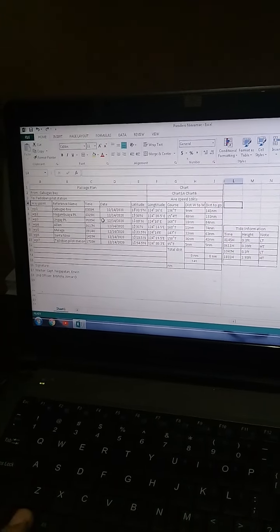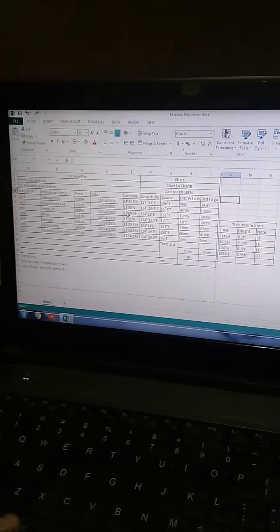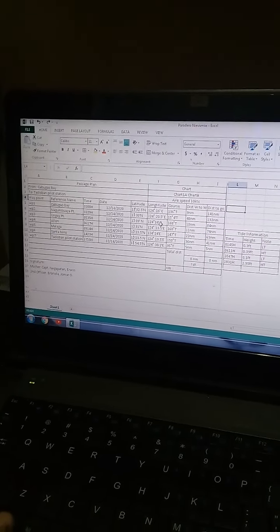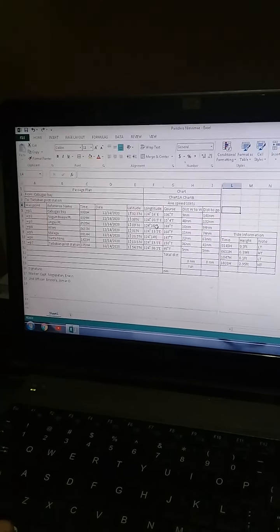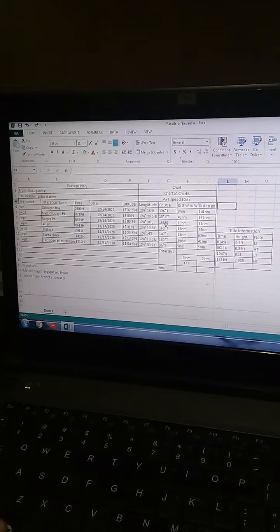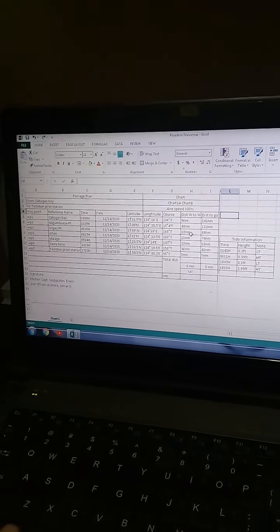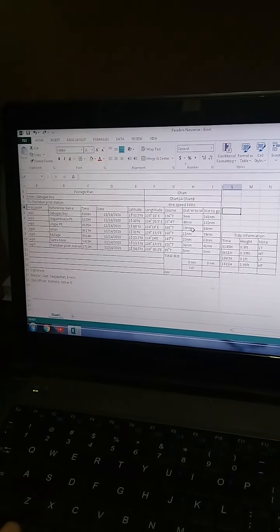0535 hours, also the same date, and latitude of 13 degrees 09 minutes north, and longitude of 124 degrees 18 minutes east, and course of 168 degrees true, and distance of 10 nautical miles.